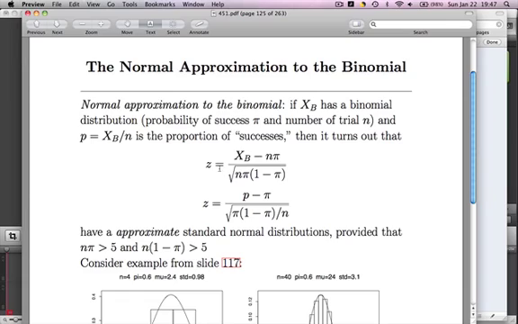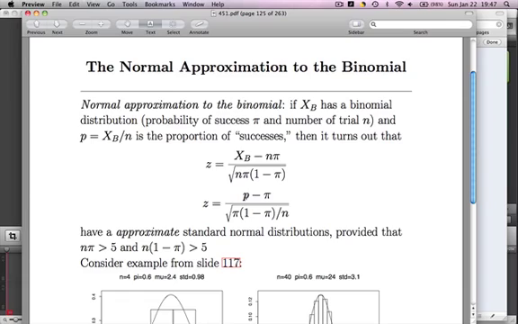Let's take a closer look at these formulas. This is going to have a standard normal distribution. We take a binomial X minus n pi. Now n pi is the mean. So we're taking X minus its mean, and then the square root of n pi times 1 minus pi is the standard deviation. So it's like we're computing a z-statistic as in the previous section: some random variable less its mean divided by its standard deviation, and we're making that a z-statistic.